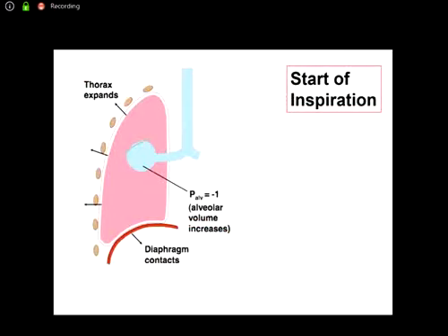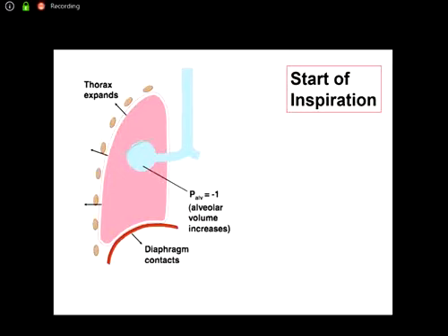Now, the way inspiration starts is by contracting the diaphragm. When we contract the diaphragm and the intercostal muscles, we pull the diaphragm down and expand the chest cavity. So we increase the volume of that chest cavity by pulling the diaphragm down and the rib cage out.